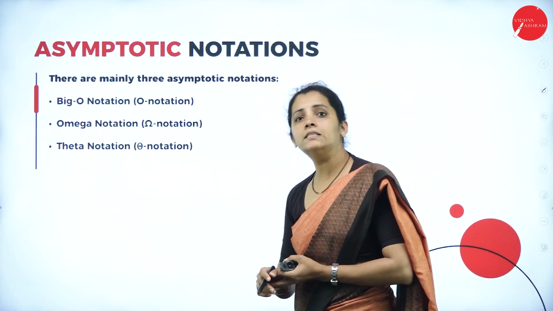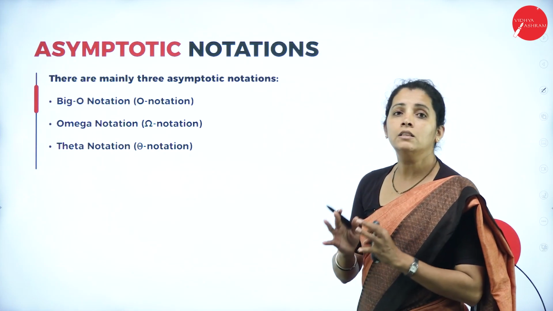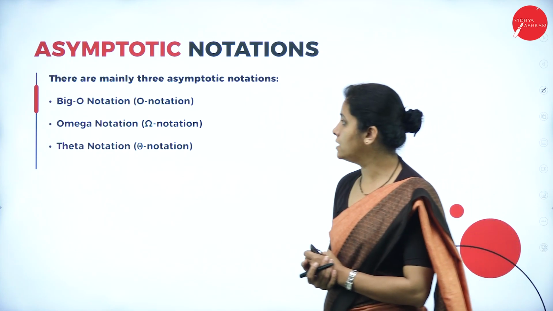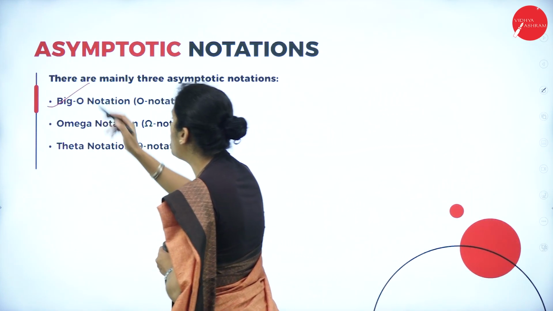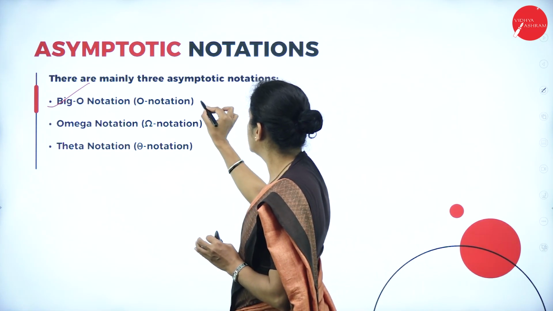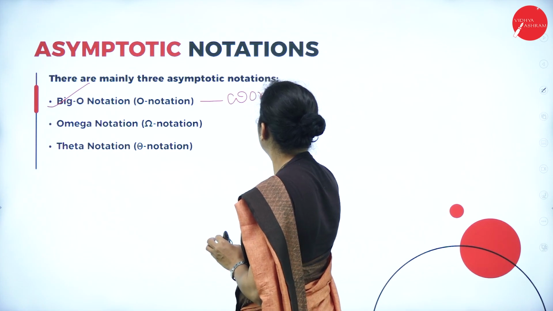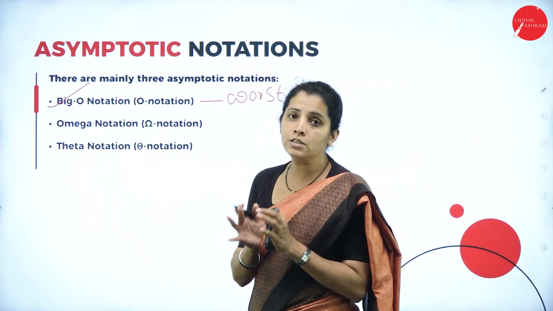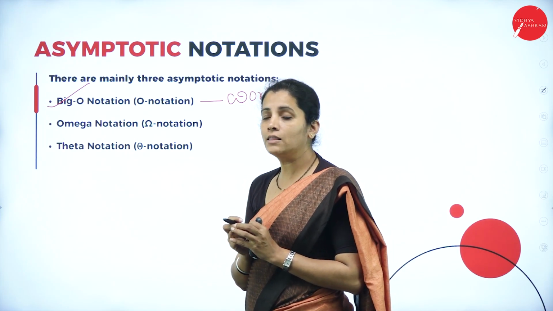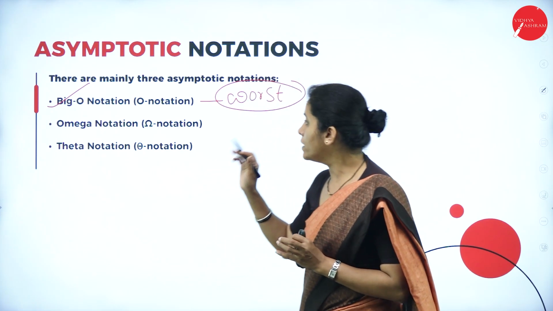Okay, fine. If I consider the asymptotic notations, I'm going to have 3 majorly used asymptotic notations. That is big O notation. That is nothing but the worst case. So I'm going to consider the worst case of the execution time of an algorithm; at that time it is big O. Okay, fine.